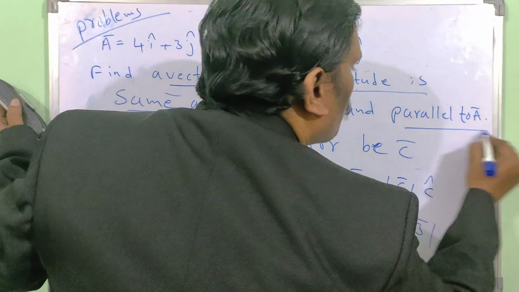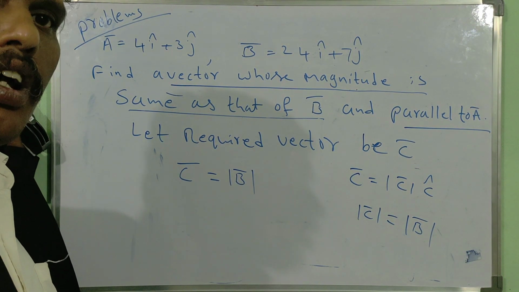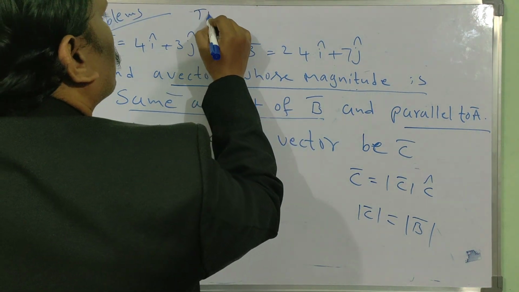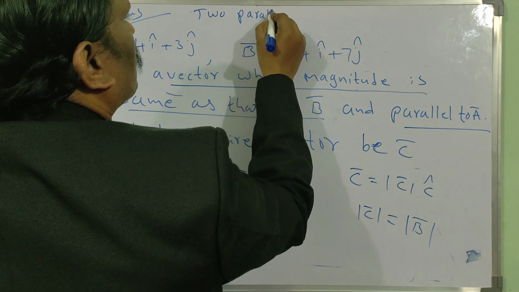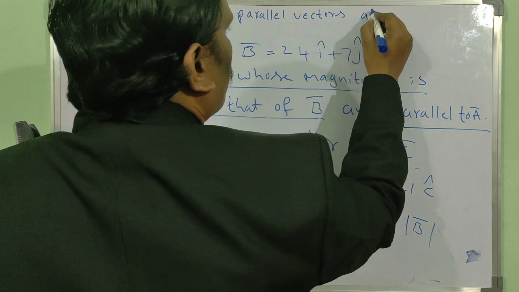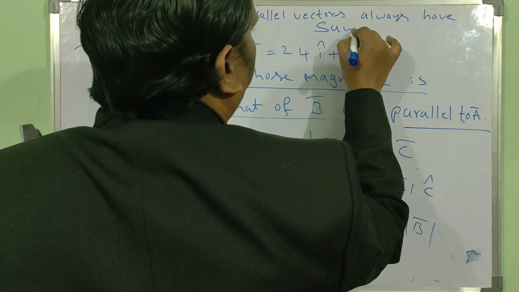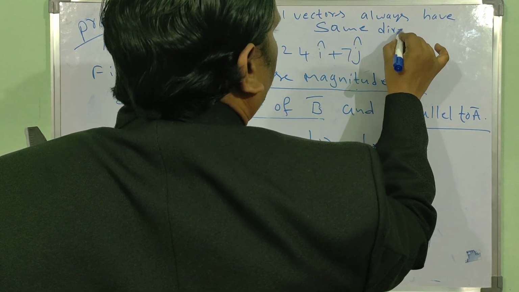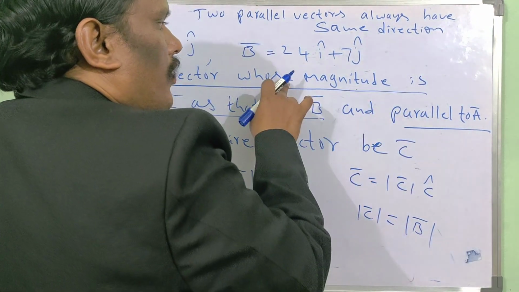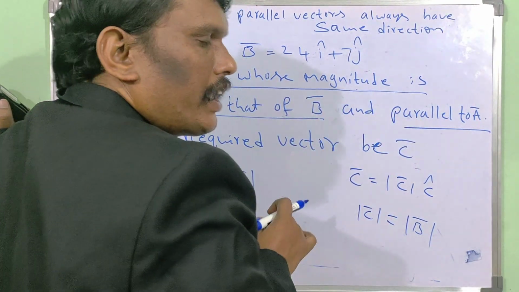And he said it is parallel to A bar. Two parallel vectors always have the same direction. That means our required vector is parallel to A bar.